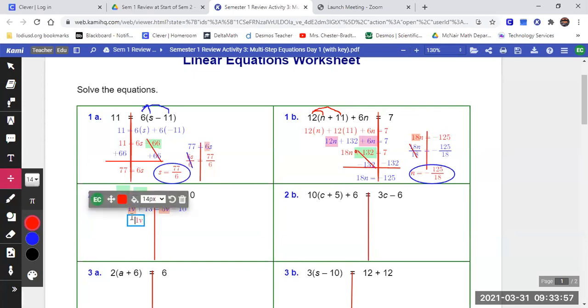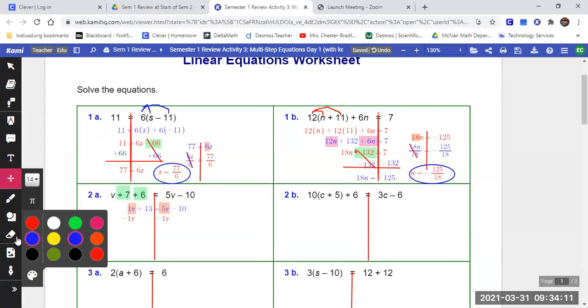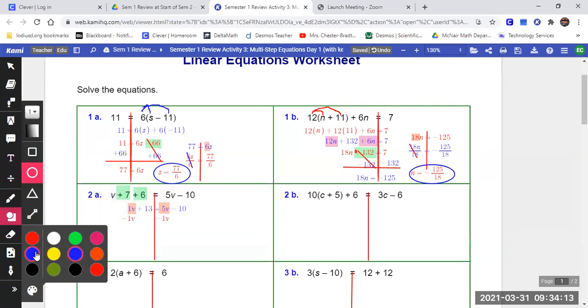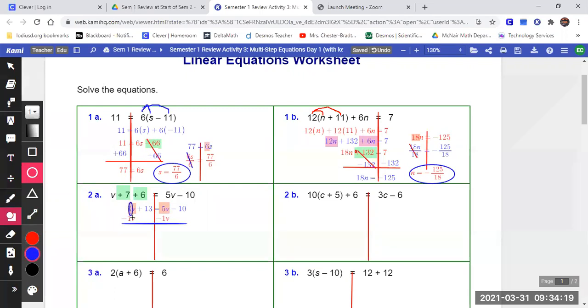From the left side to turn it into the big 0, right? And from the 5V on the right side, so we can combine like terms. Oops, line. That's all gone.